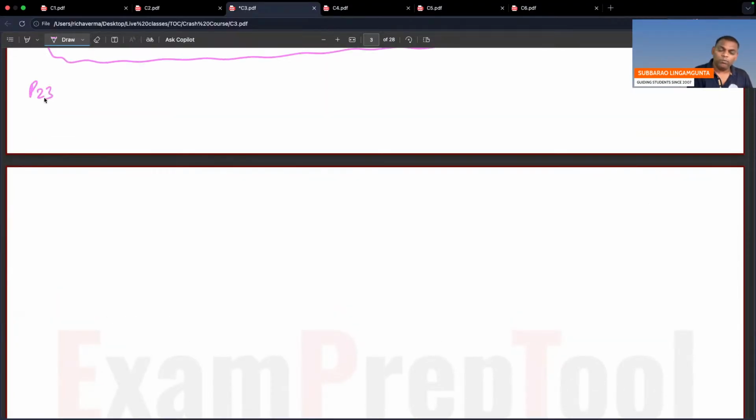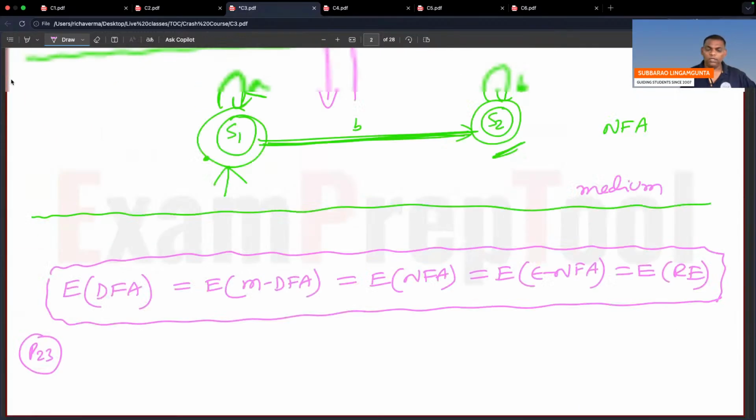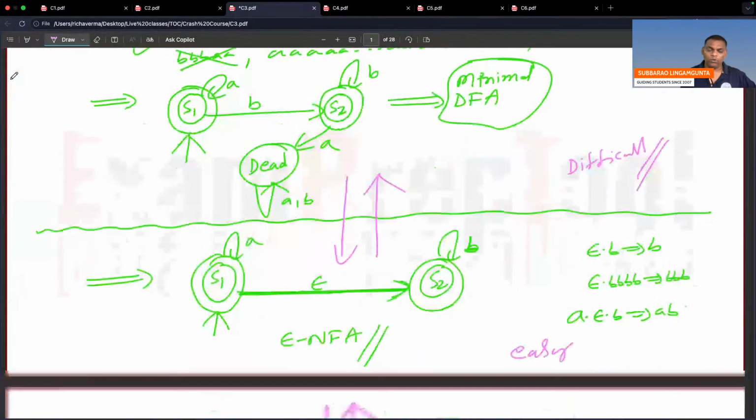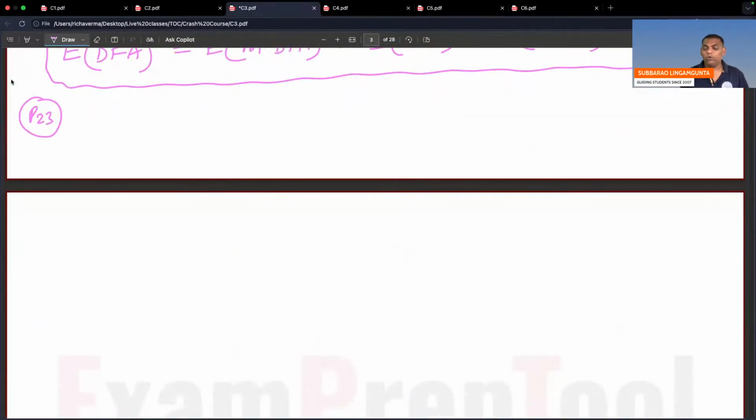Problem number 23. Can you see problem number 23? See correctly. S1, S2. Understand? S1, S2. A, B. S2 may be final, S1 may be initial.